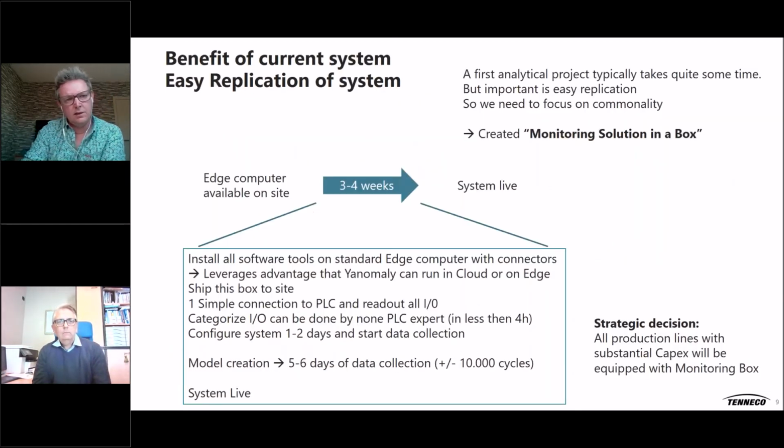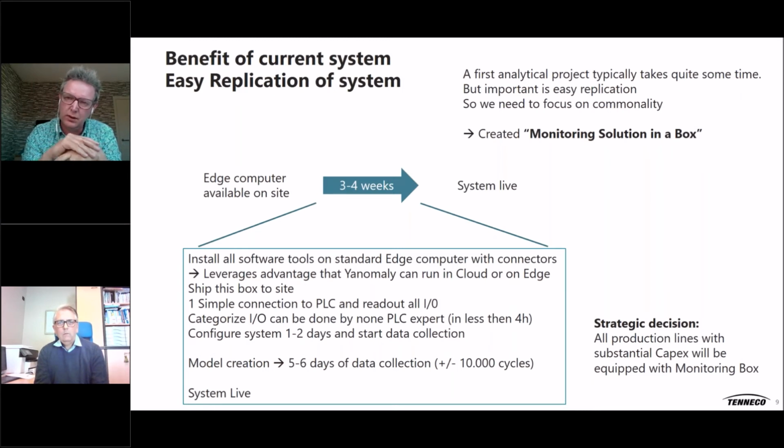Now, as a last slide, what we also wanted to share is the benefit of the system that we created. We already explained a few of the benefits in the previous slides, but the most important one is easy replication of the system, because for everybody that has already tried out AI, it's a long-term project, which is normal.